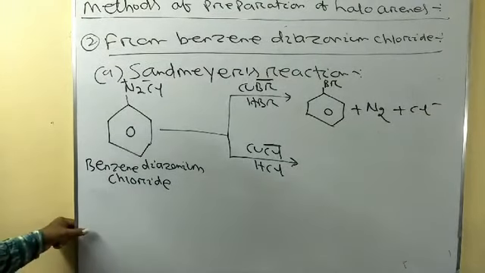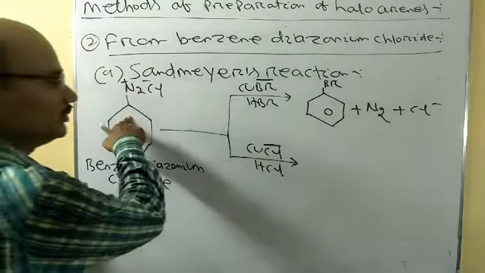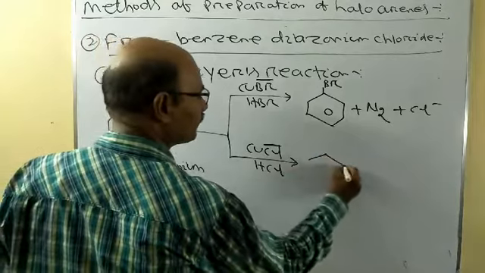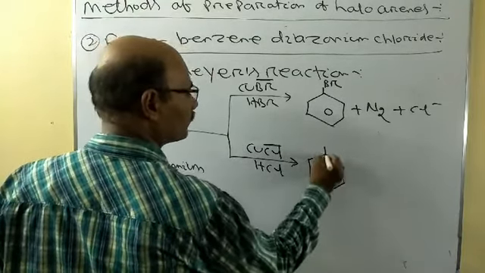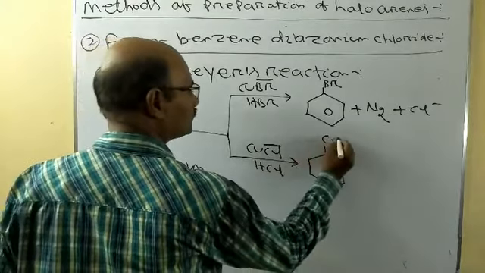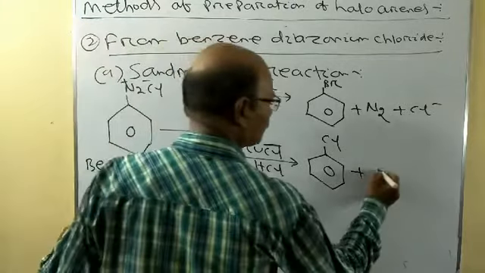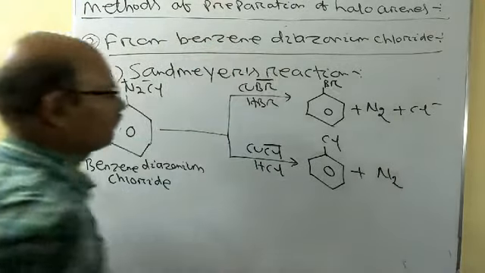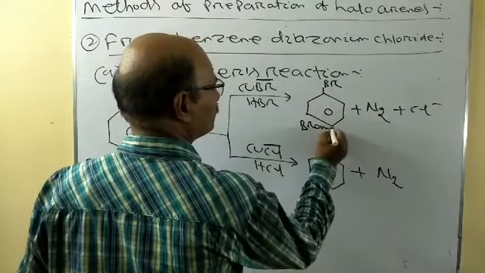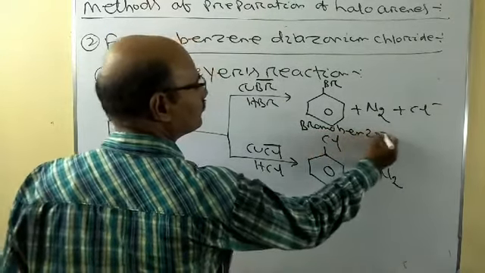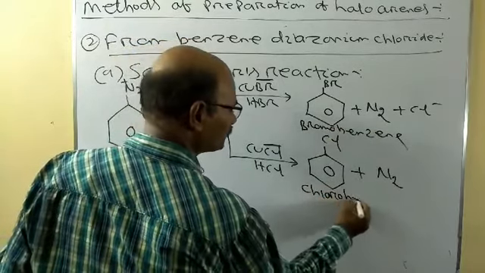Now this one, Cl attached to this benzene, we are getting Cl plus N2. This is called bromobenzene, and this is chlorobenzene.